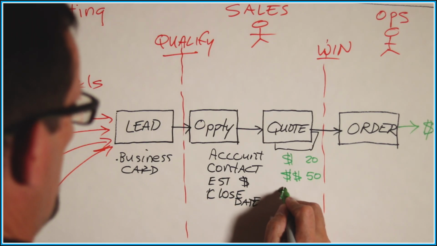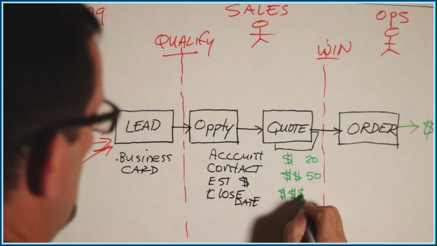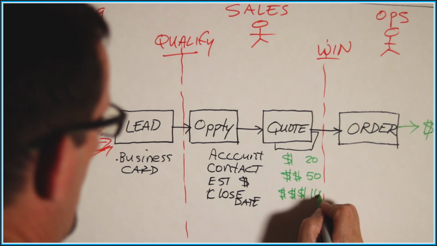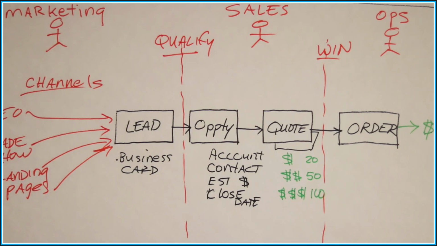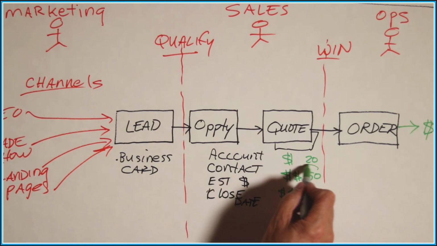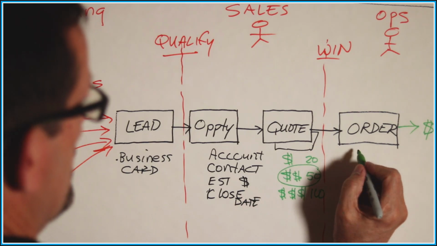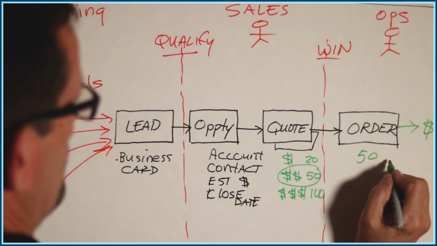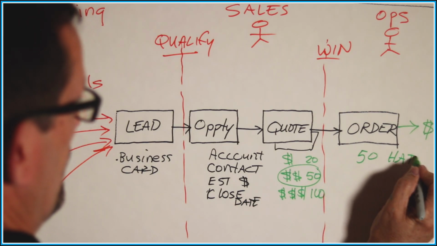And maybe there's a third option for 100 hats. And through that quoting process, a customer and a salesperson are going to work together and define, okay, which of these quotes is going to be the right quote? Maybe it's this 50. And so then the order is going to be placed for 50 hats.